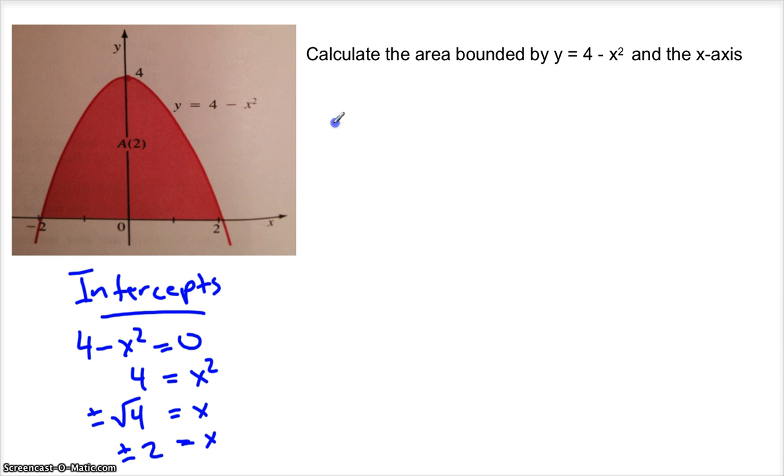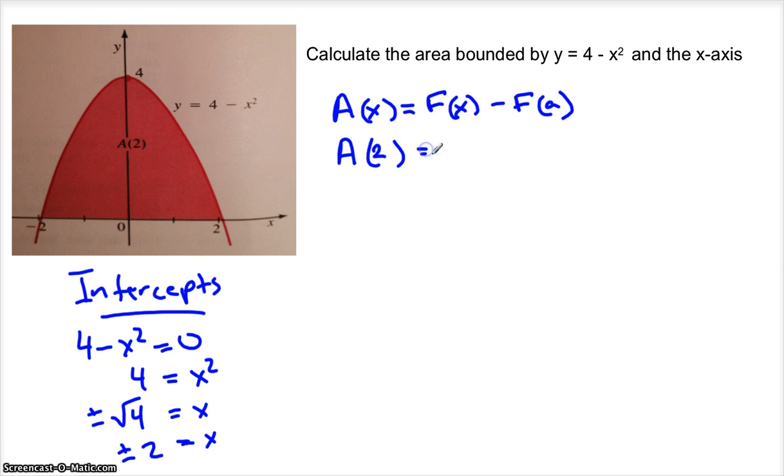So our area, using our formula here, rewrite it. The area at 2 is equal to F(2) minus F at, well, the left bound would be -2.